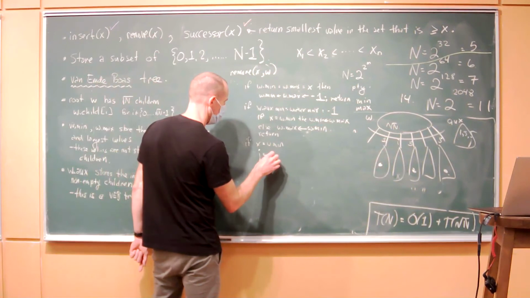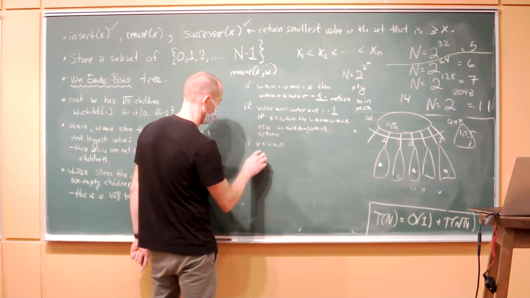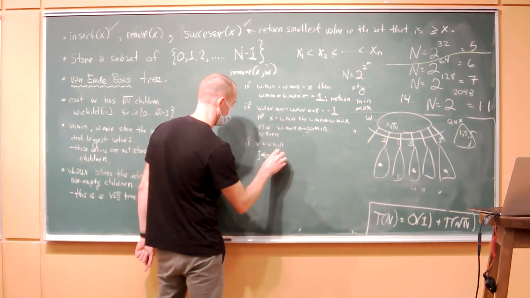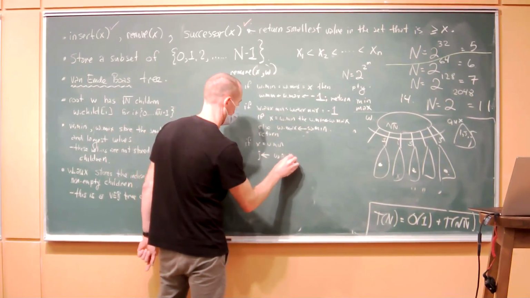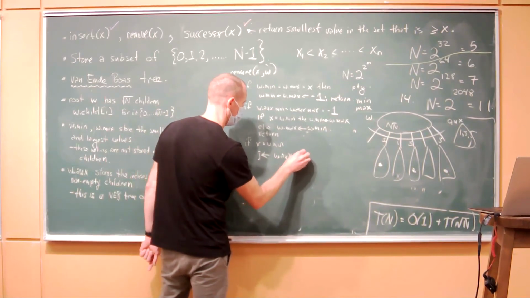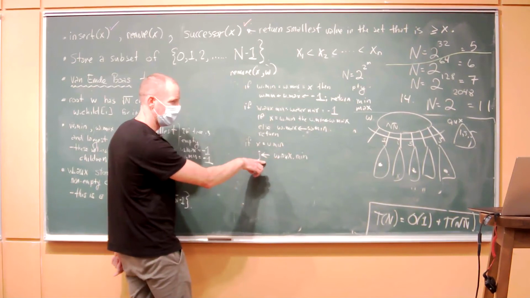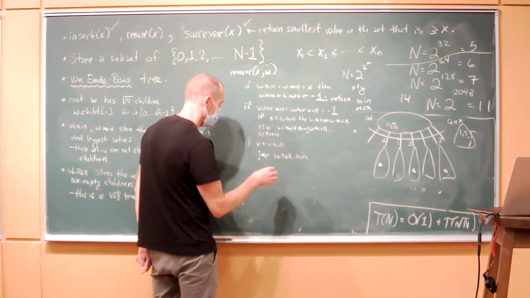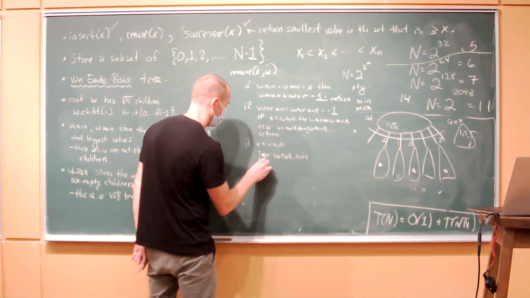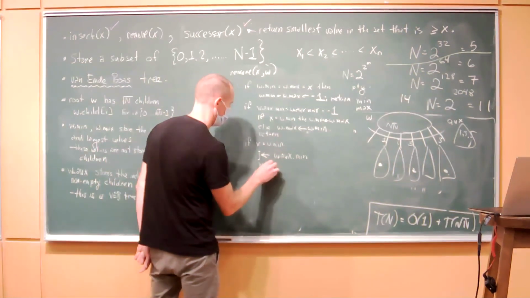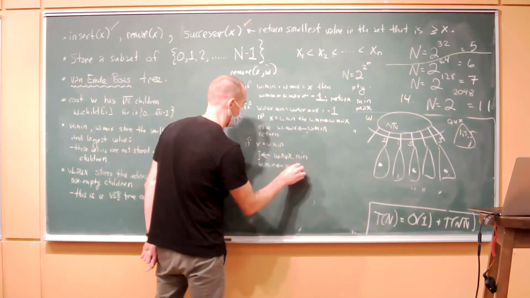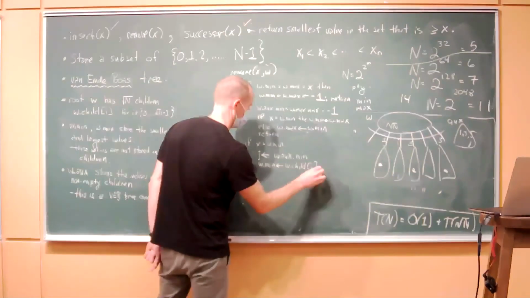That is, if x is w.min, then we do j gets w.aux.min. That's the smallest child. That's the tree that's not empty. And then we want w.min gets the smallest value in that tree. So that's w.child at j .min.